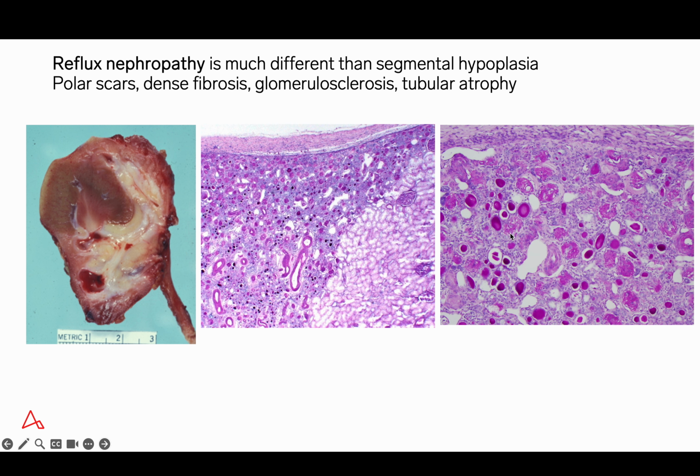Within the scarred area, we have sclerotic glomeruli and a thyroidization pattern of tubular atrophy. So this demonstrates that normal nephronic differentiation had occurred, but then secondarily underwent sclerosis, which is much different than the segmental hypoplastic foci in Ask-Upmark kidneys.